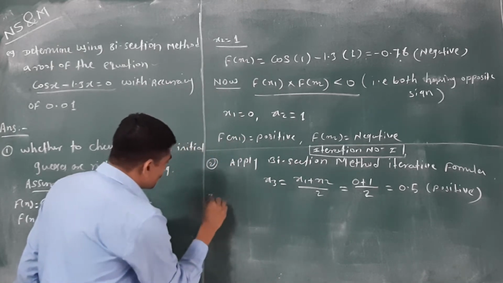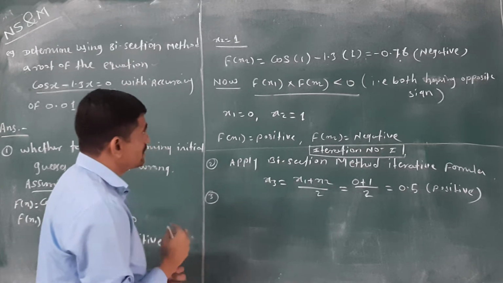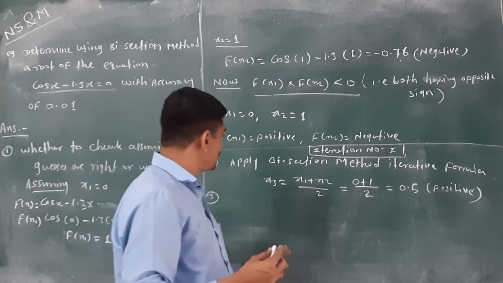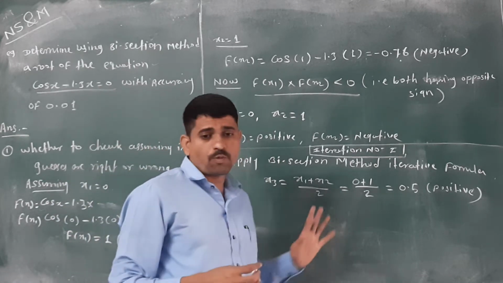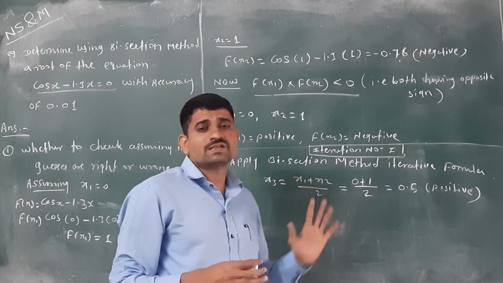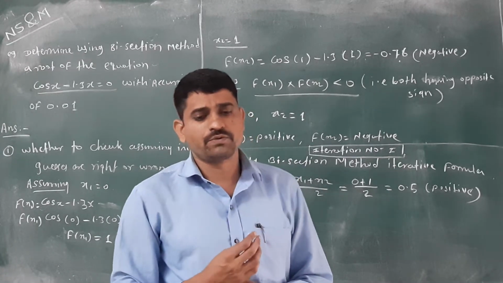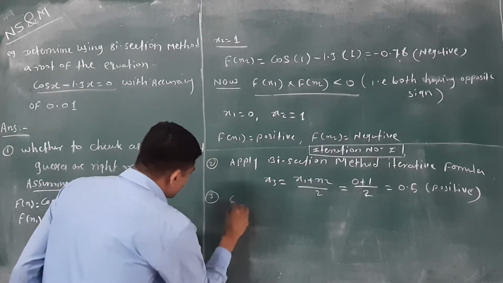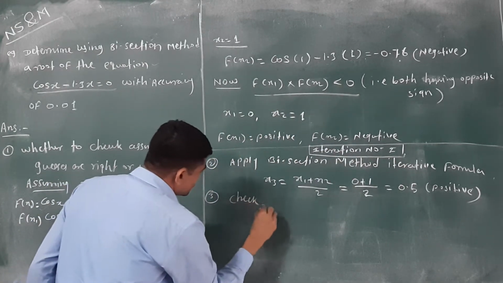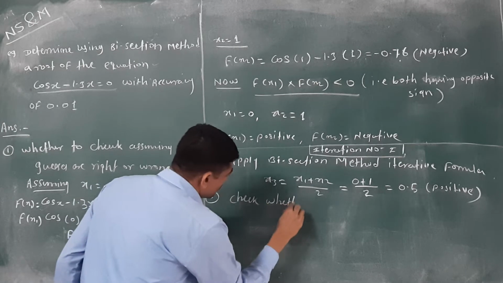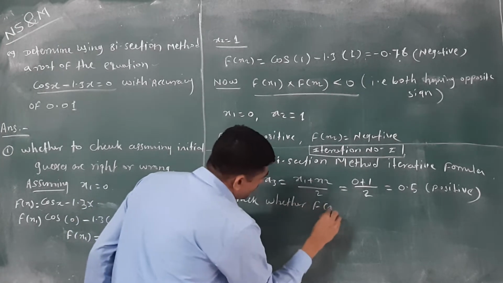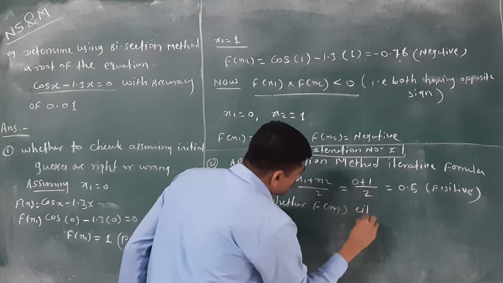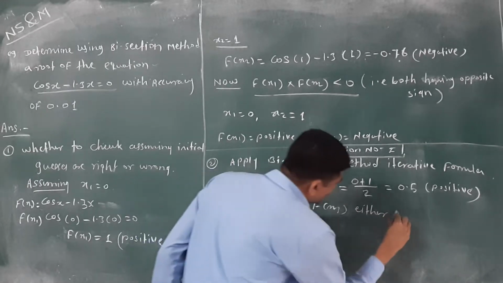Step number 3. What is step number 3? You have to check whether f of x3 is positive or negative. Remember that.